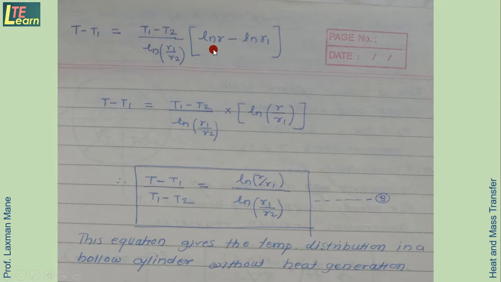So inside the bracket, ln R minus ln R1. Subtraction of logarithms means ratio, so ln of R upon R1. Now we arrange these temperature terms on one side. So T minus T1 divided by T1 minus T2, which comes to the denominator, is equal to the remaining terms ln R upon R1 divided by ln R1 upon R2.